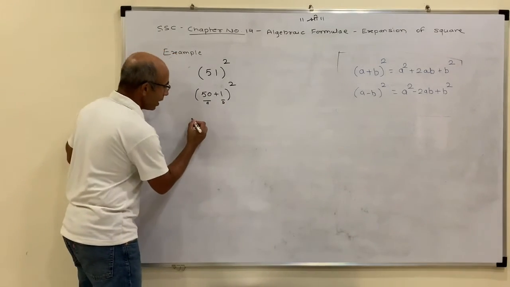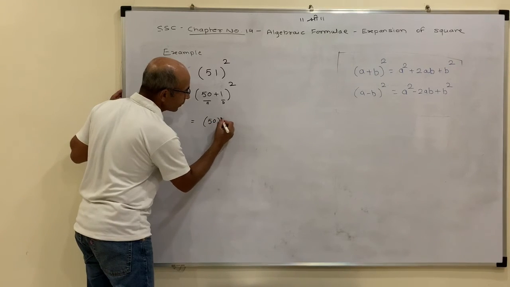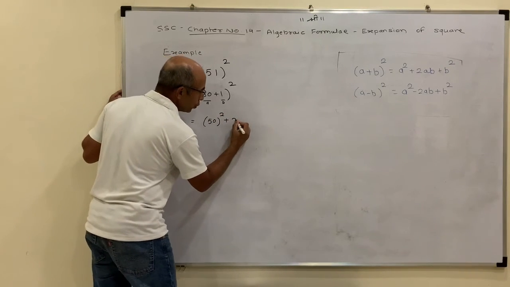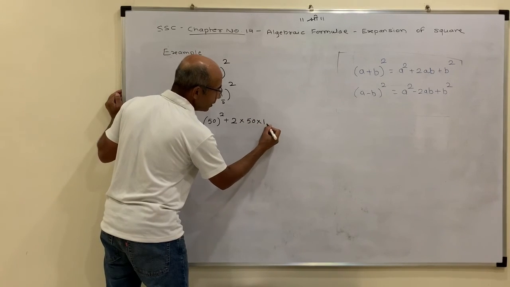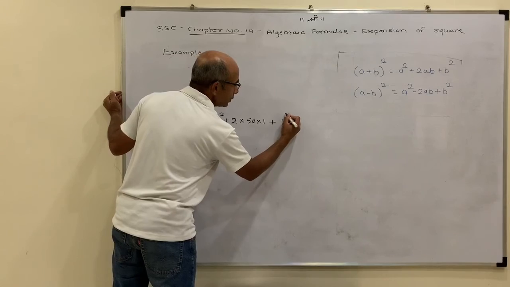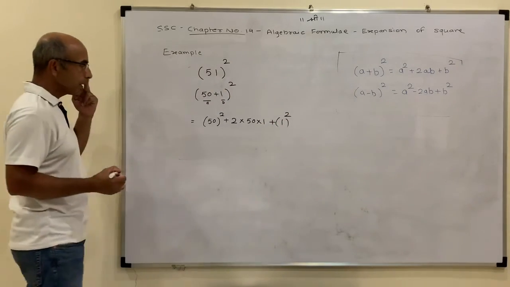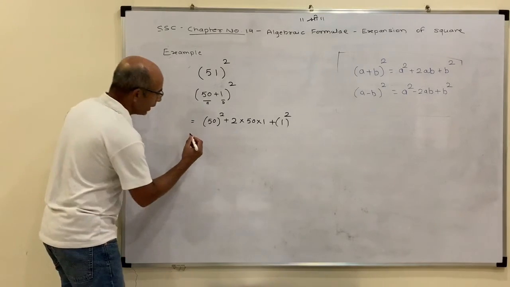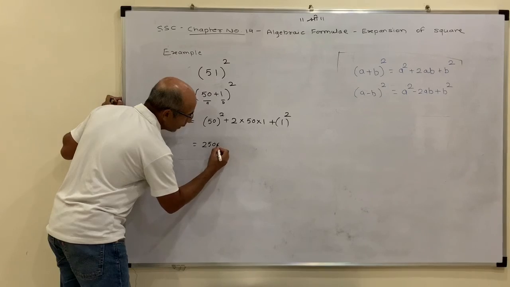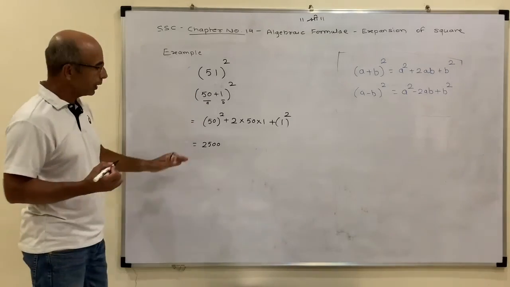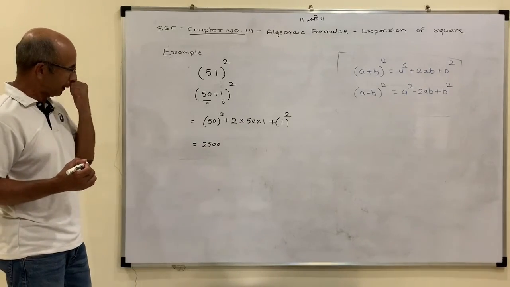So I'll simplify it further: 50² + 2 into 50 into 1 + 1². Now 50² is equal to how much? 5² is 25, and 10² is 100, so it's 2500.